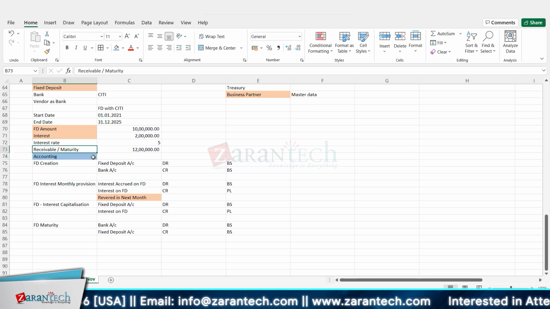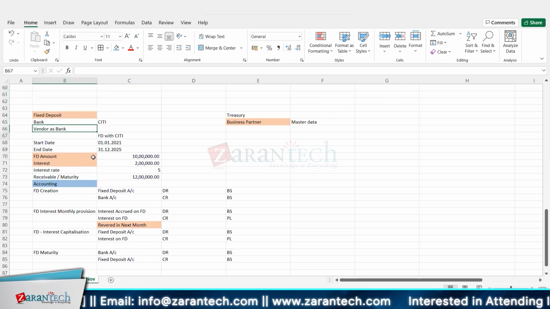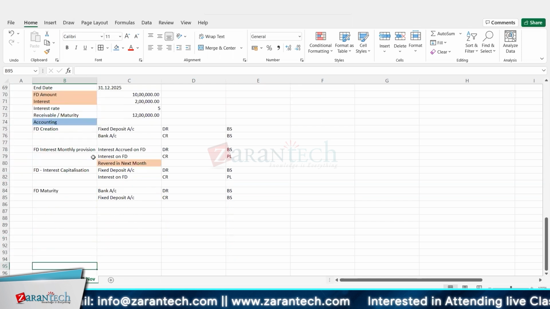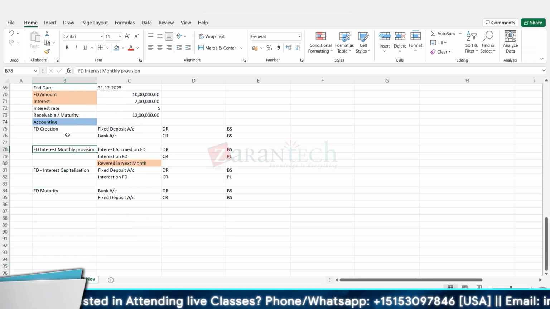So as a treasury consultant, what will be the expectations from you? You need to understand the process, you need to understand the accounting, you need to understand the configuration in the SAP system, and you should be able to do the transactions as an end user, which we will cover as part of our training session. Okay, is it clear?